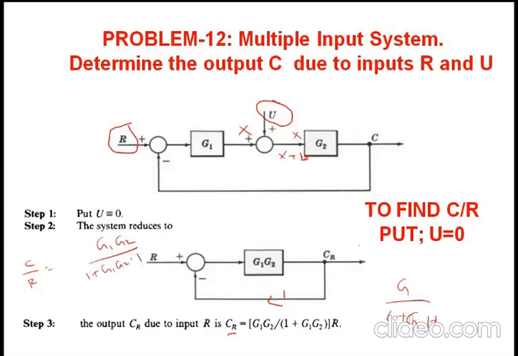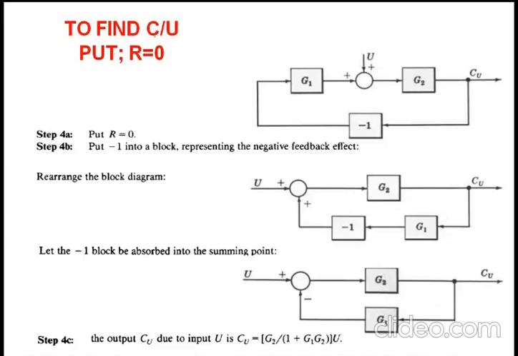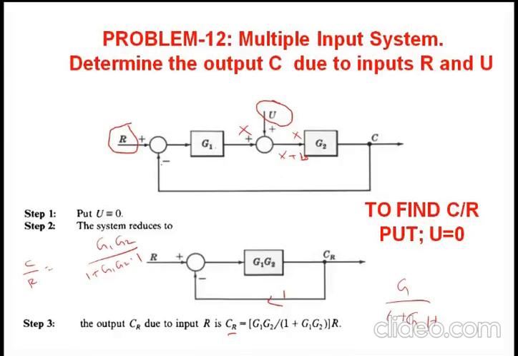Now next, further to find out C by U, put R is equal to 0. If you put R is equal to 0 in this particular one, here point to be noted clearly.